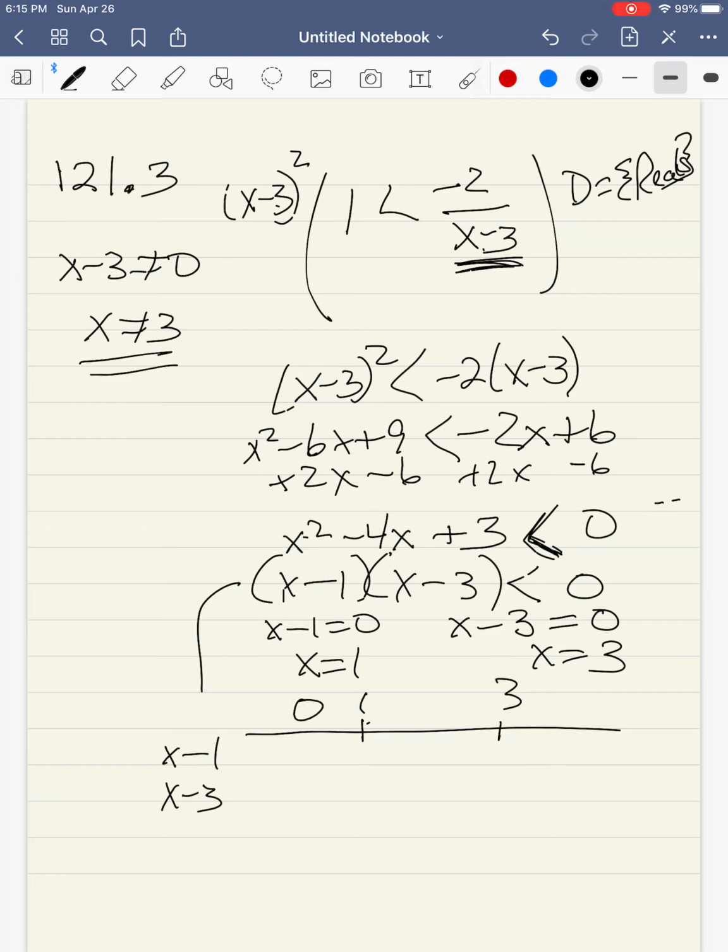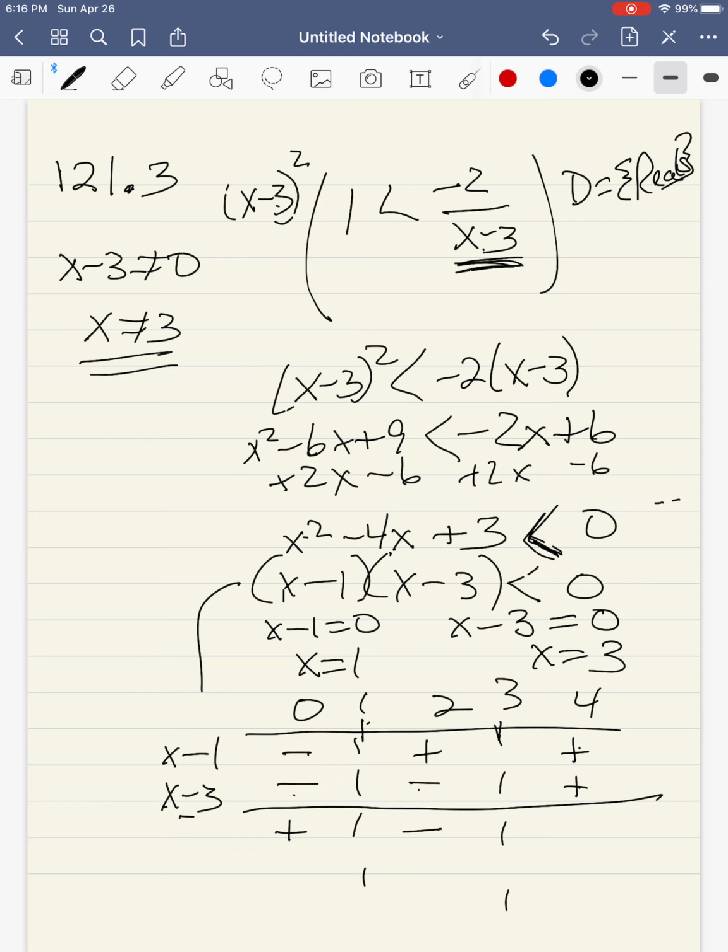Pick my numbers like 0, 2, and 4. So 0 - 1, 0 - 3, 2 - 1, 2 - 3, 4 - 1, and 4 - 3. Multiply the two factors, so negative times negative, positive, positive times negative, negative, positive times positive, positive.